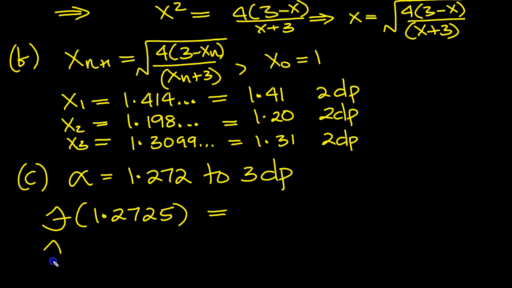And show that has one sign, and we need to try 1.2715. And that way, if they're different signs, then the root will lie between these two values in the interval, and thereby to 3dp we will know that if it lies in between this interval, then it will be 1.272. So we need to check this now.